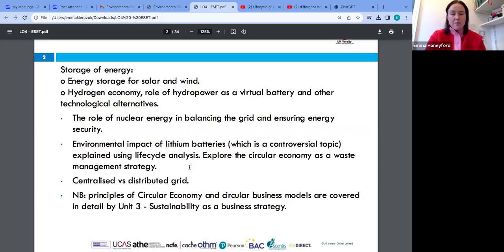We will look at the centralised versus a distributed grid. So there is a push to decentralise the energy grid, and even though the technology isn't there yet, we've got a lot of work to do, there is potential to use both. So yeah, we'll go into that in more detail.